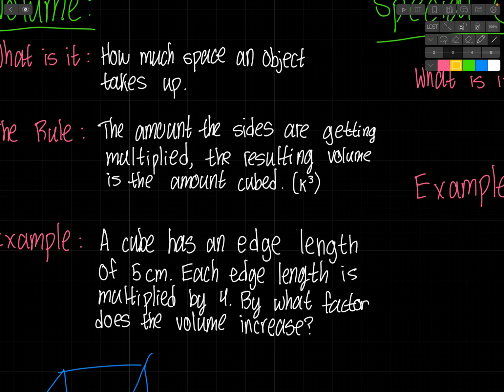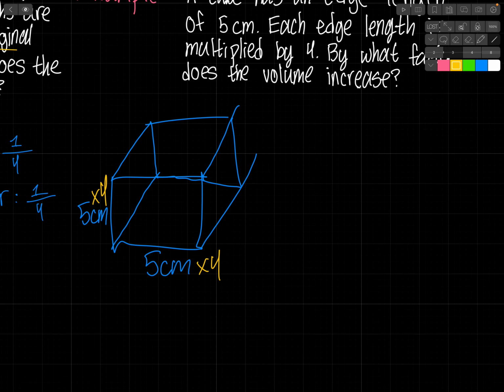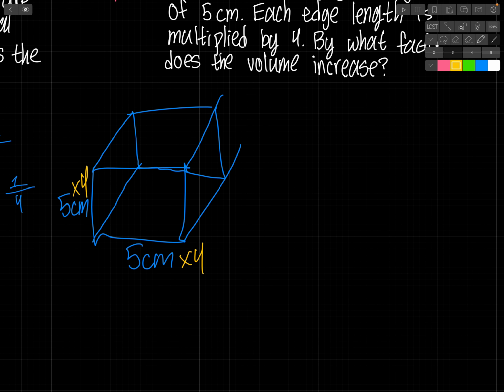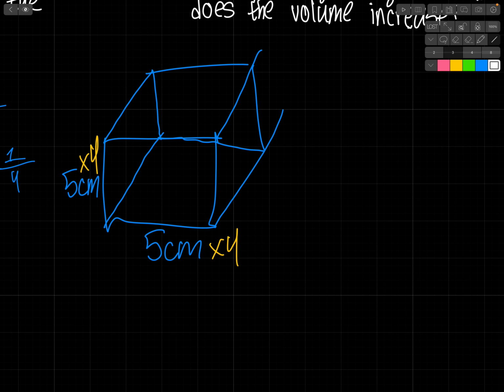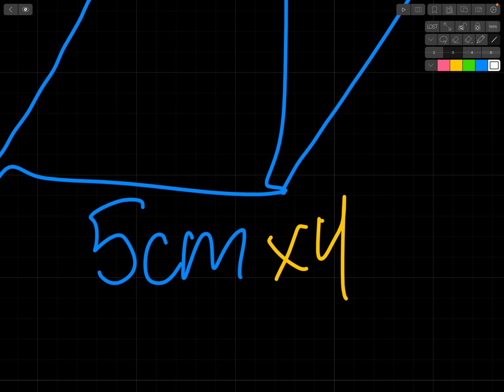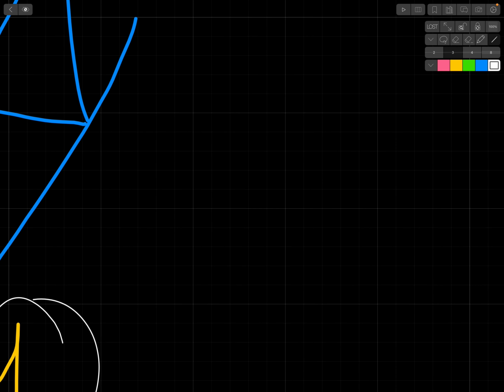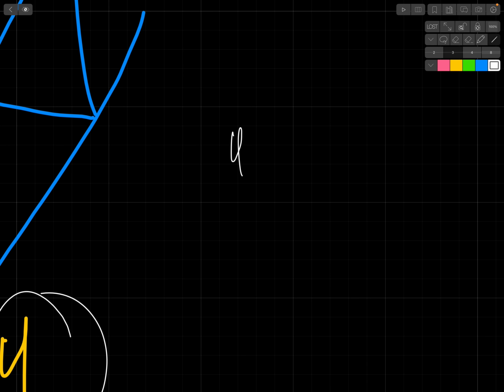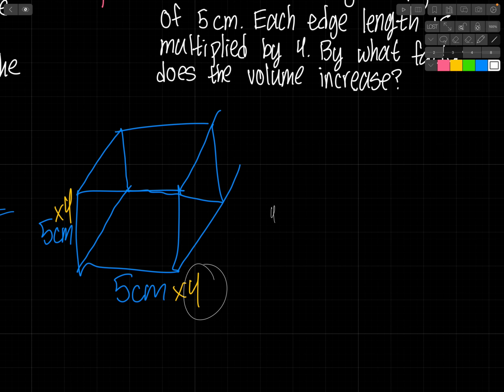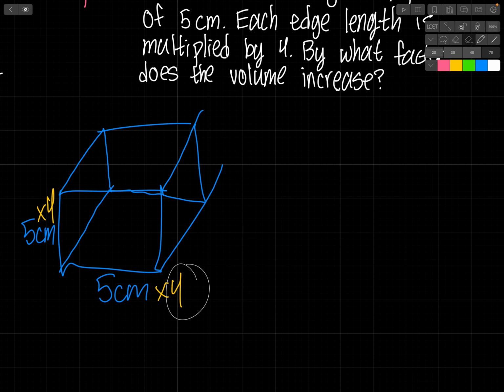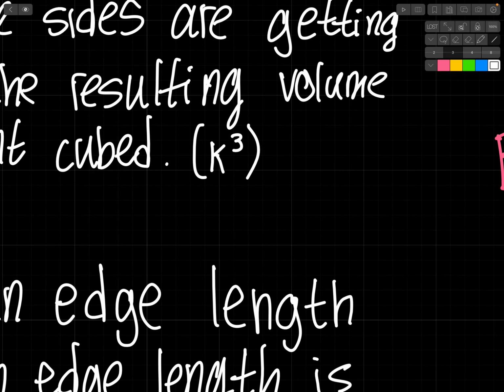So we know from k cubed, we find the factor that is being increased by. So we see that all the sides are being increased by this number, 4. So we grab 4, and now what we do with 4 is we look at k. So k cubed.